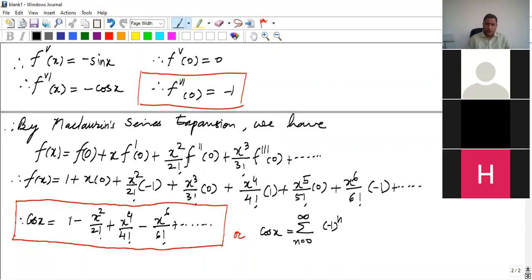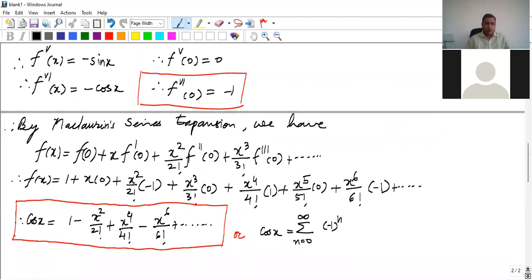Our first term is n equal to 0, then 1, then 2, then 3. So minus 1 raised to n, and here we have x raised to 2n over 2n factorial. So if you put n is equal to 0, you will get the first term.